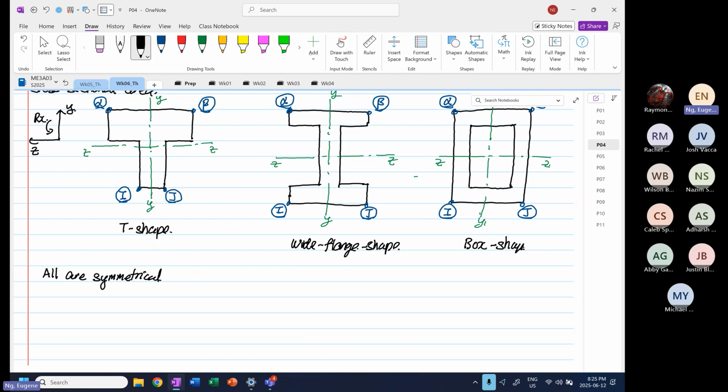When I finished my PhD, which is much older than you, I thought the symmetrical and unsymmetrical is because of the loading condition and the shape of the structure. It is not.